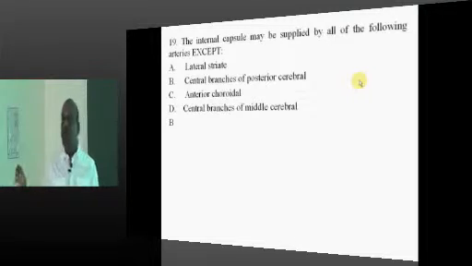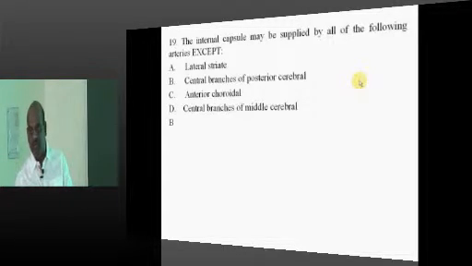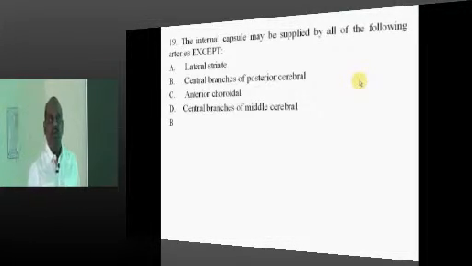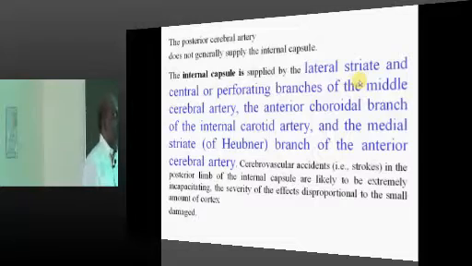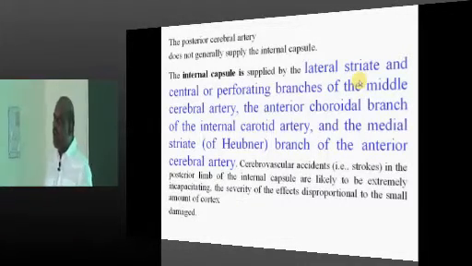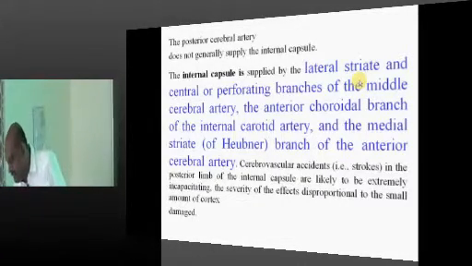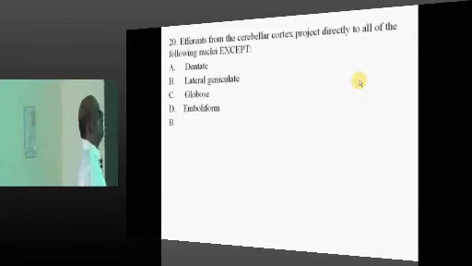What is the importance of the internal capsule? All the efferents which are going to ultimately supply our motor muscles pass through the internal capsule, hence we get hemiplegia. But not the posterior cerebral. Posterior cerebral doesn't contribute to the blood supply of the internal capsule, is what needs to be remembered.